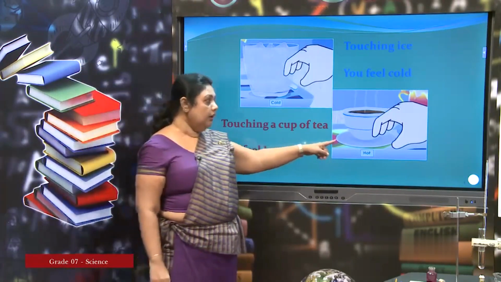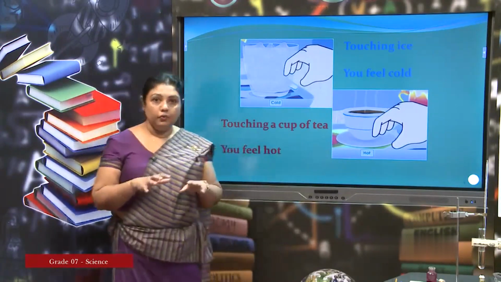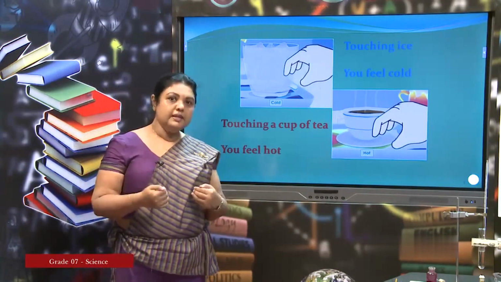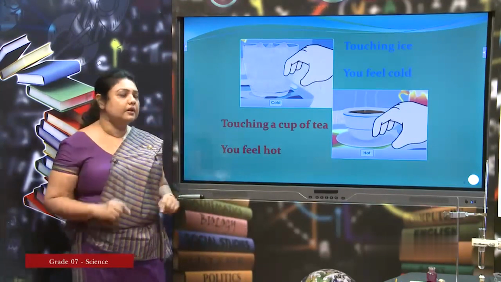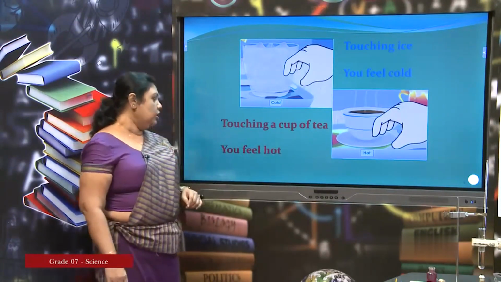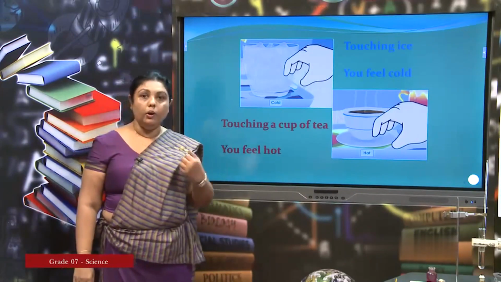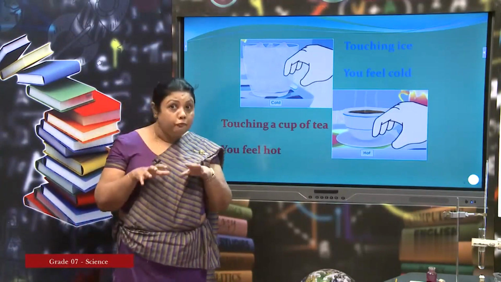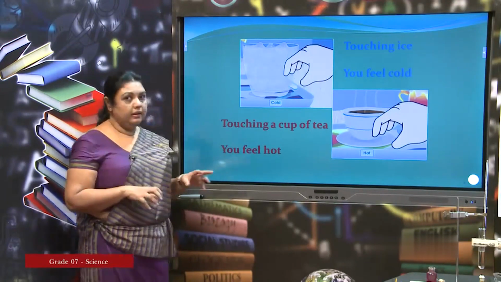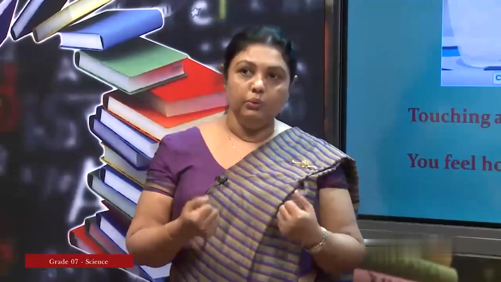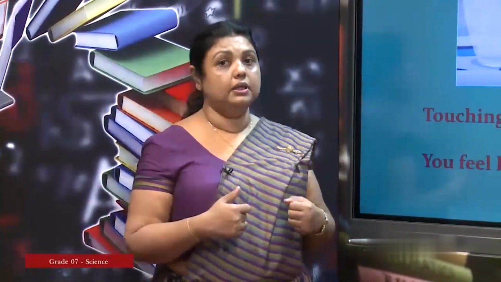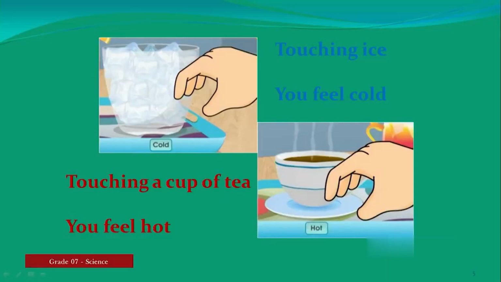But when you touch the tea, you feel it's really hot. Heat can always be felt by you, with the help of temperature. This temperature can be measured as well.